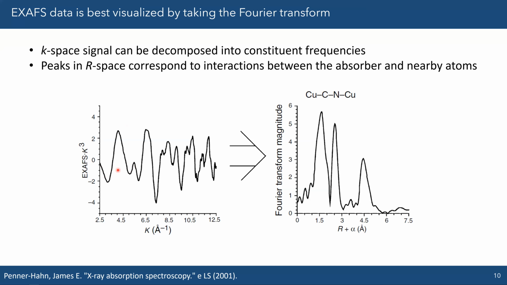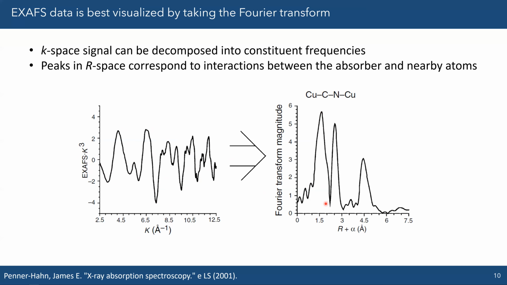So we have a modified XAS data here, which I won't go into, really, the basic conversion from energy into inverse angstroms into K-space. But you can see the XAS wiggles in the spectrum. And if we apply a Fourier transform, we'll get something that we can interpret a bit more easily.